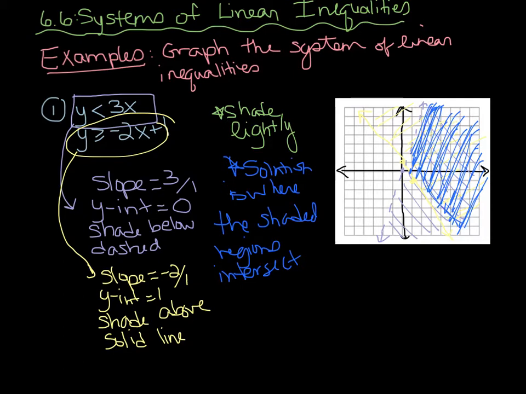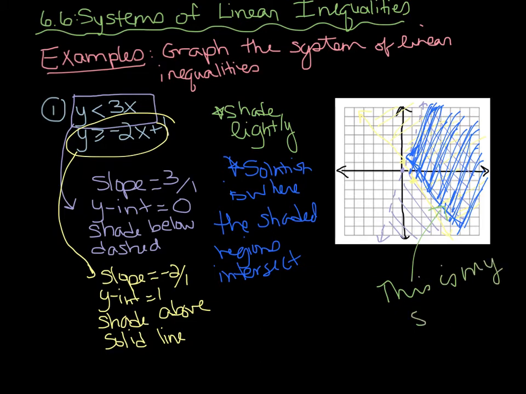It's really important when you're doing these that when you're taking a test or a quiz, you need to make sure that the person grading it can tell where it's shaded. Otherwise, you're probably not going to get full credit. So if you want, you can always draw an arrow and say, this is my solution.